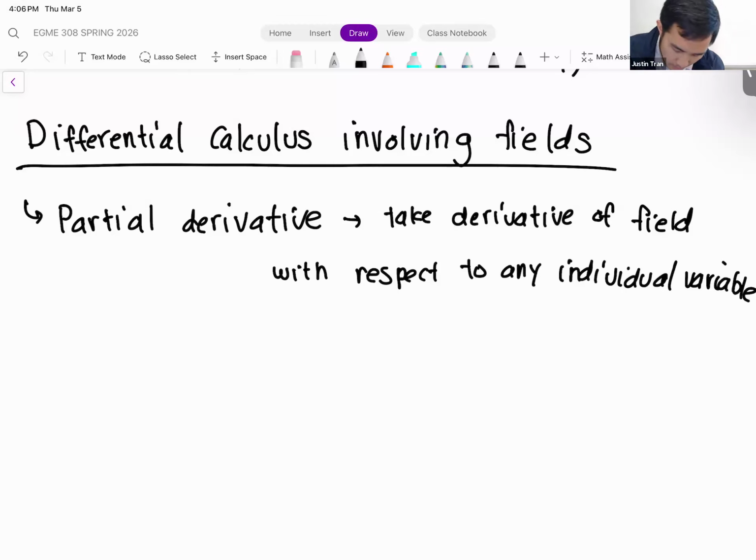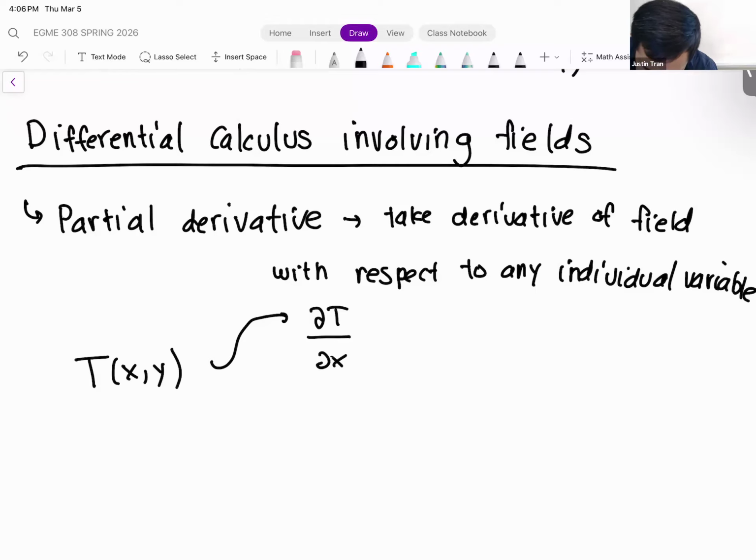So for instance, if you have a temperature field T of X and Y, we know this temperature field is dependent on two spatial variables, X and Y. We can take its derivative with respect to X, and we can take its derivative with respect to Y. And those represent our two partial derivatives: partial T, partial X, and partial T, partial Y.